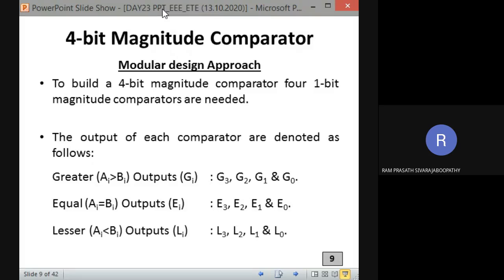So totally we will be having 12 outputs from 4 1-bit magnitude comparators. Using these 12 outputs, I am going to generate the function GEL, where GEL are the final compared values of the two 4-bit numbers. Shall we proceed?